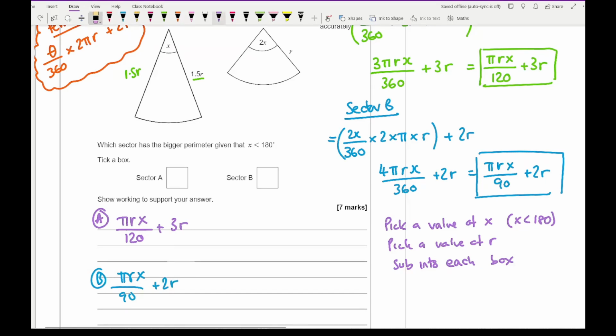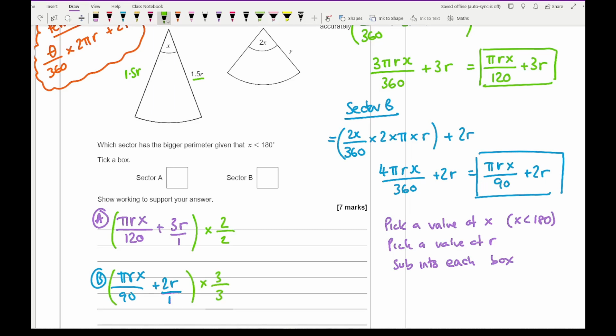And if I then just write the 3r and the 2r as fractions over 1, then if I multiply A by 2 over 2, and I multiply B by 3 over 3, so technically I'm just multiplying by 1, I'm not going to change the value.